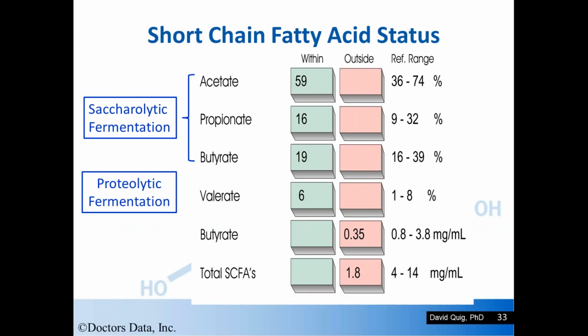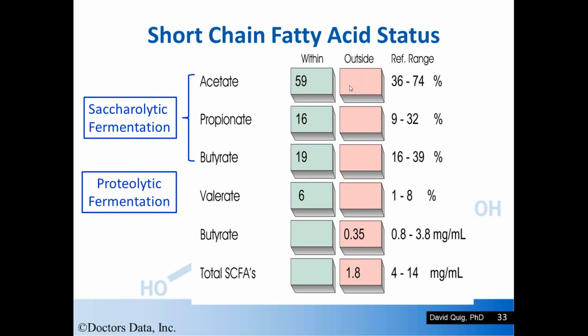So when we look at short-chain fatty acids, we look at the saccharolytic fermentation products as well as the proteolytic fermentation products. And we look at those in terms of percent distribution of total short-chain fatty acids. And people often see this one over here in the red, and maybe this one in the red, and ask, well, what does that mean?